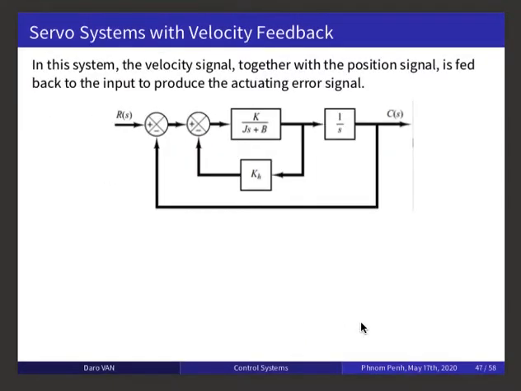Okay, so let's consider the system below. This is the plant, the system. From this system, the position and velocity are fed back. The position is fed back to the input to produce an actuating error, and the velocity is also fed back to produce an actuating error signal.